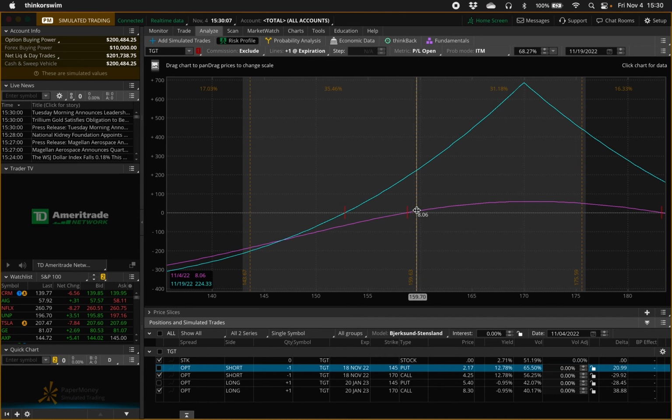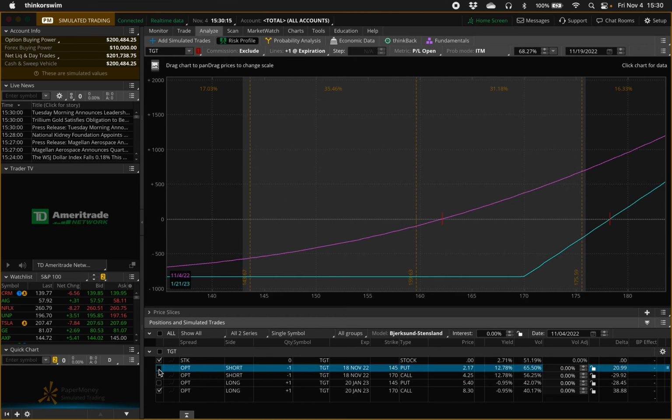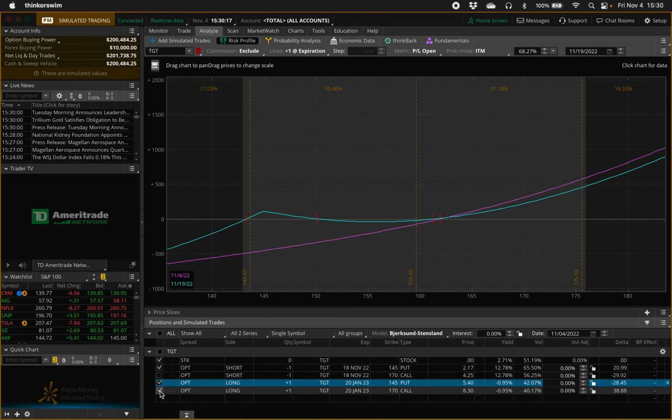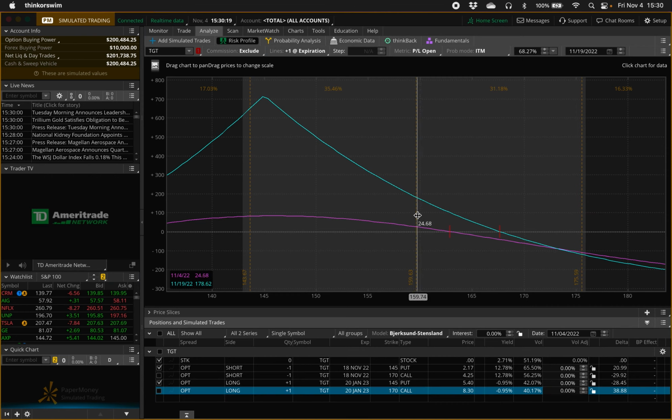That's for the call on Target, and for the put on Target, we are here at 25 bucks, which is exactly where we're at, and expecting some more downside. Okay, so that's for the Target.